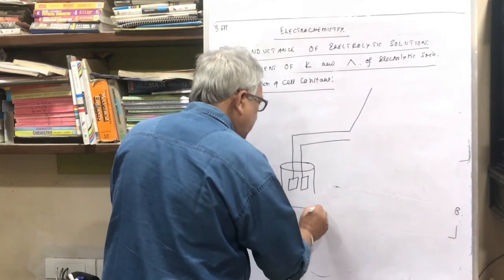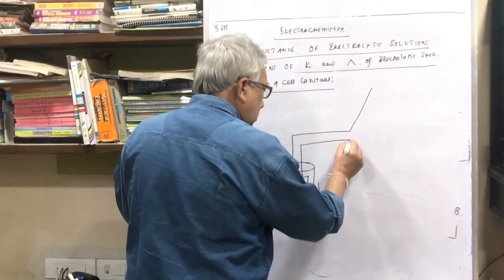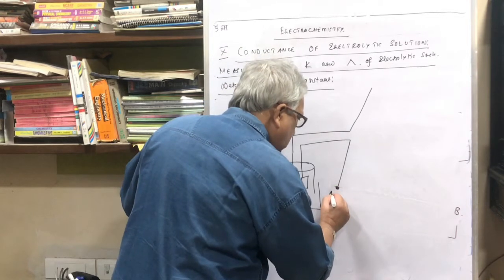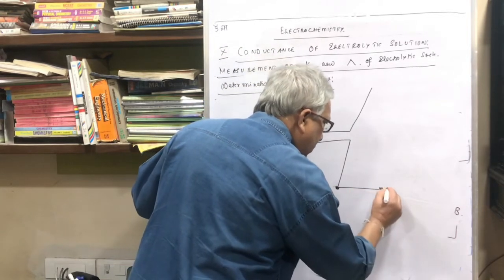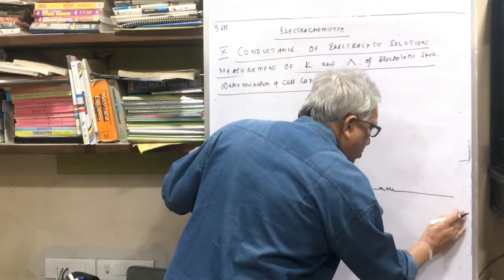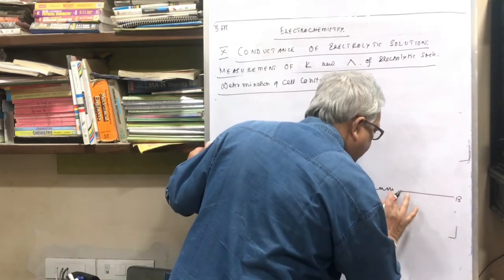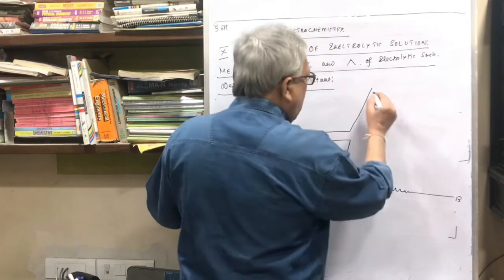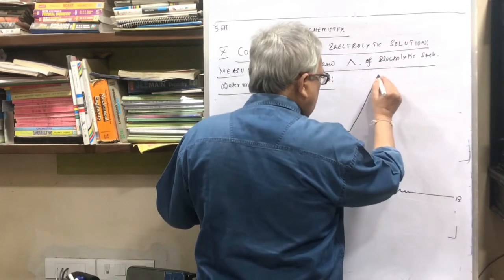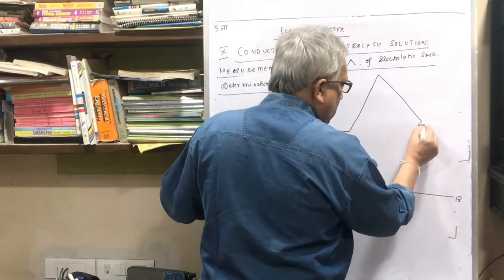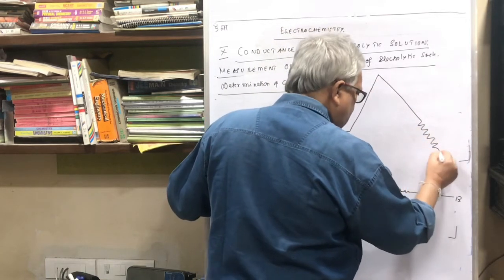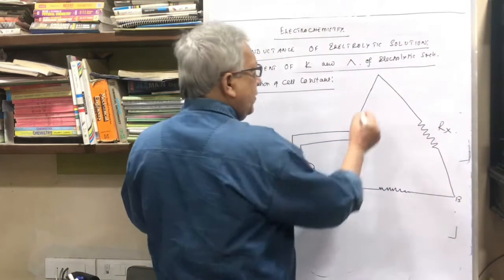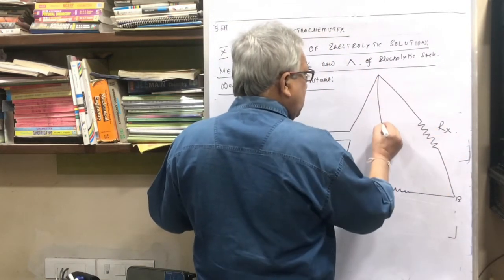Here is terminal A connected to terminal B, and this is going to a known resistance, let us say Rx, and this is a current indicator.